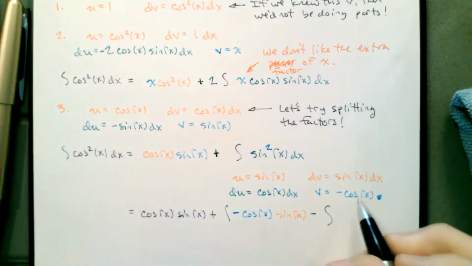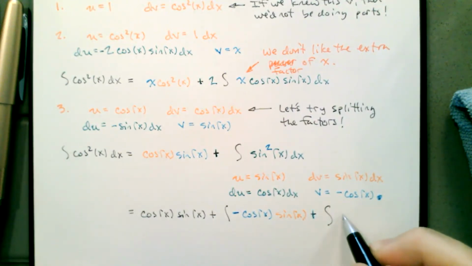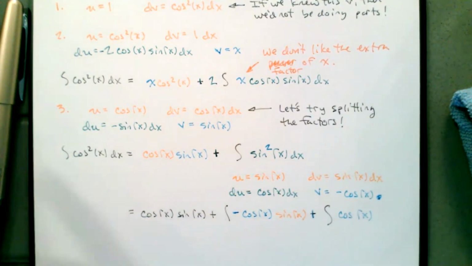So the negative cosine is going to make a positive integral, and we'll have cosine squared x dx.